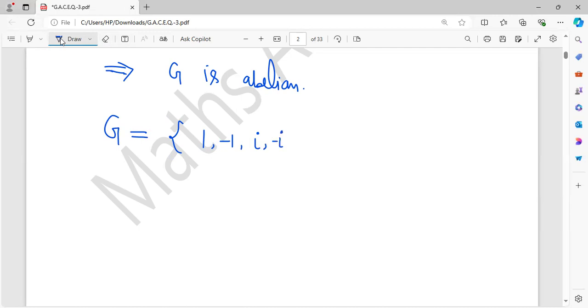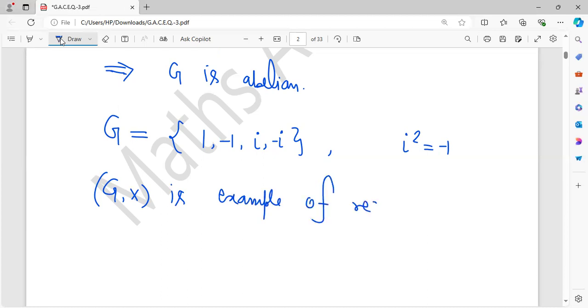Okay. So i squared is minus 1, i is iota. Then G is an example of the required group, because G is abelian with respect to the multiplication operator.